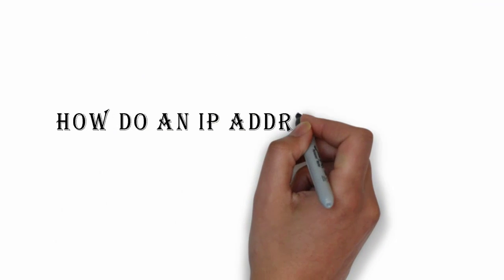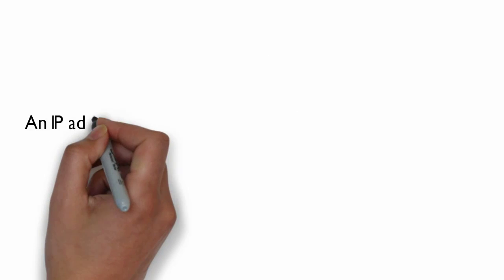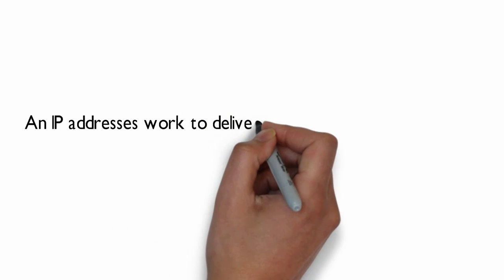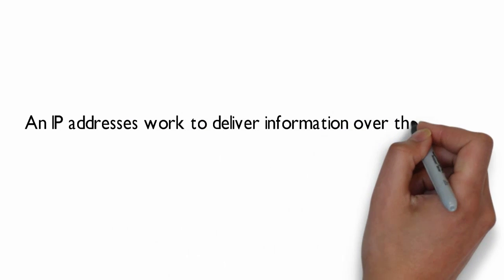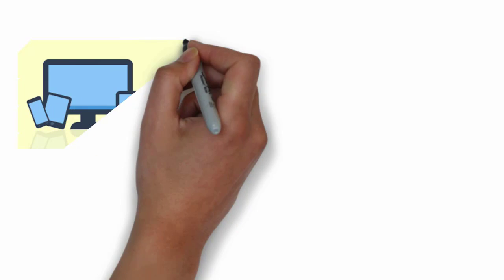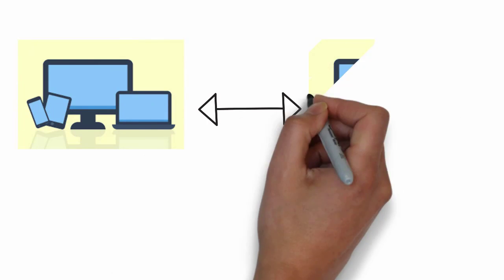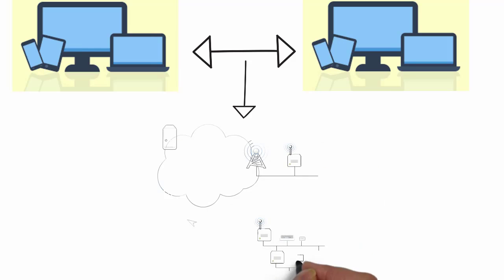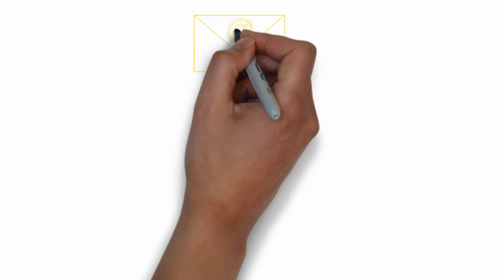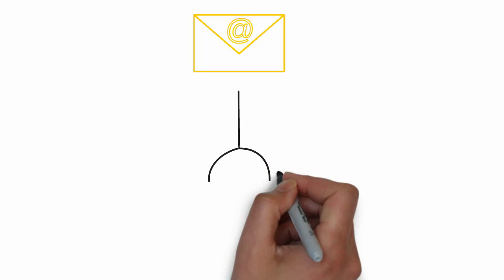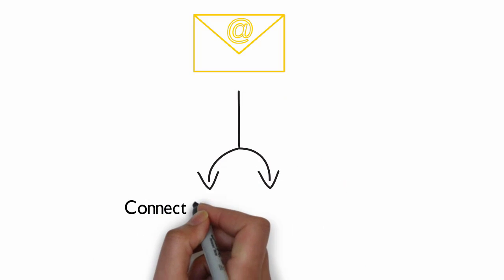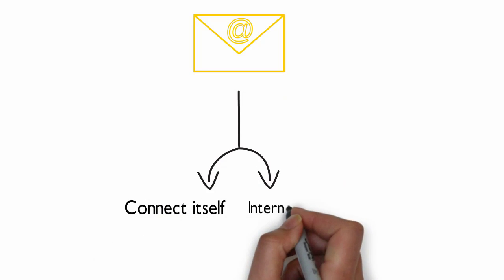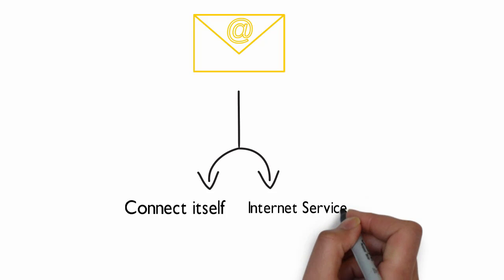Okay, let's know, how does an IP address work? IP addresses work to deliver information over the internet. All types of devices find, send and exchange information with other connected devices. That's protocols. When you jump online to send an email, you are accessing a network that is connected to the internet itself or one that gives you access to the internet.